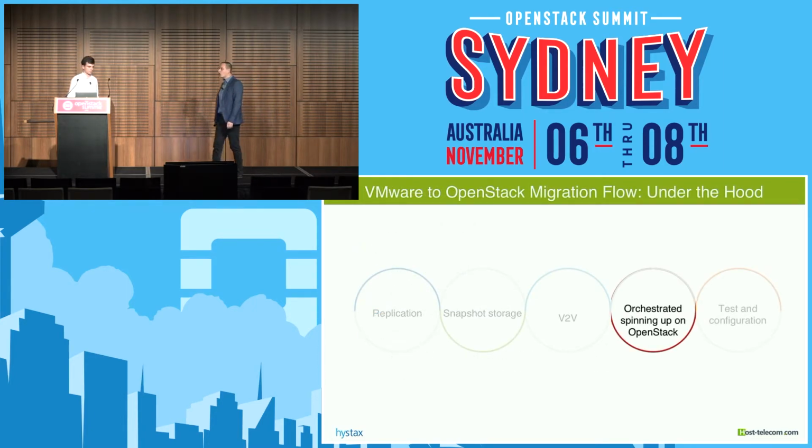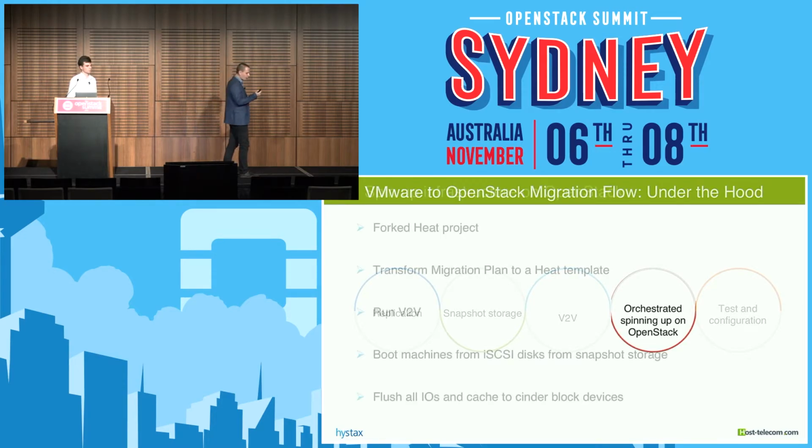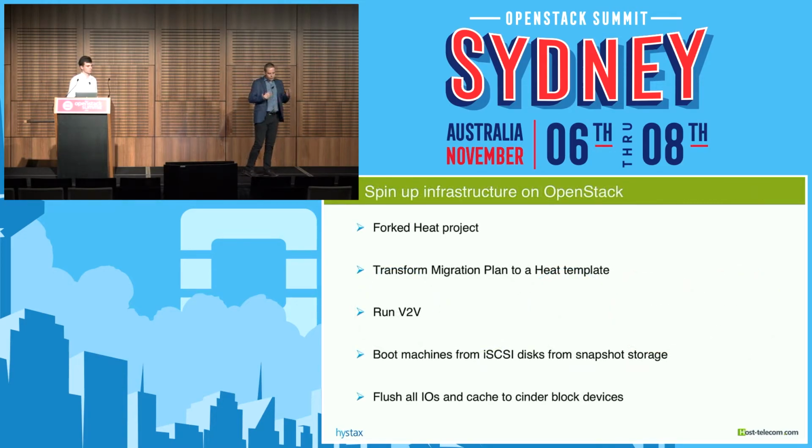So how and what we do in terms of spinning up a test migration or a final migration on OpenStack. To do that, we need some way of describing what we would like to spin up. We need a way to provide dependencies between machines because we want to be smart. We don't want to have 152 VMs and just click one button and start all these VMs at once.